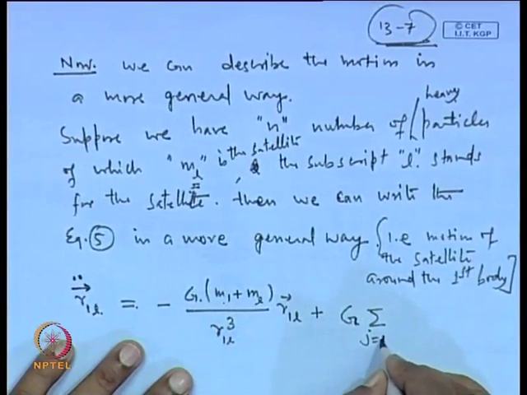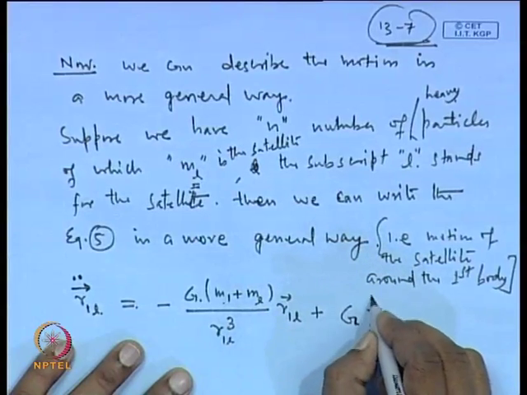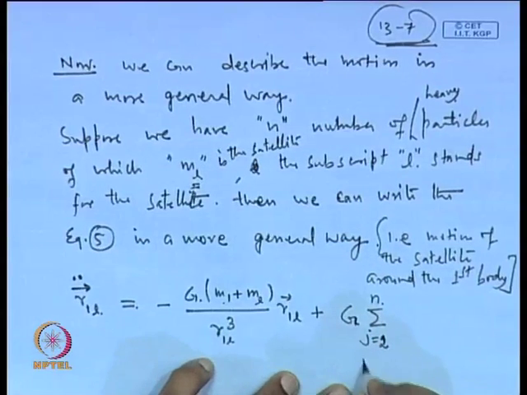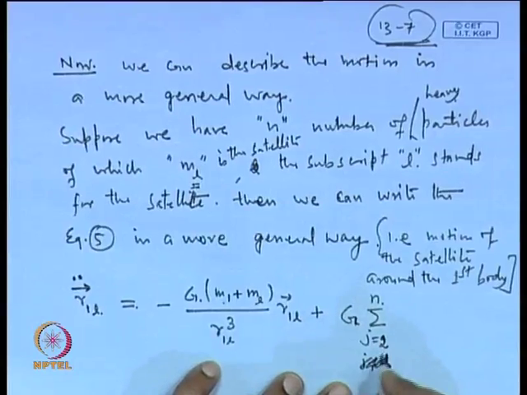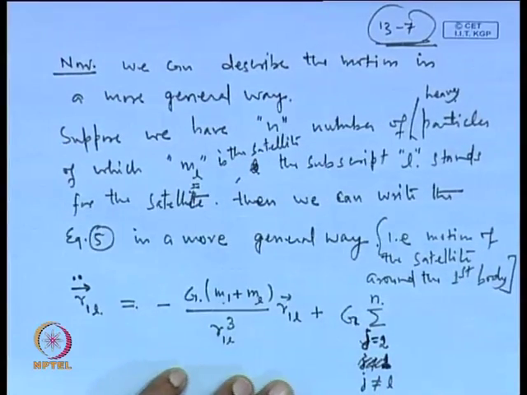So, here we write j is equal to 2 to n, and j is not equal to 1. Okay. That is very obvious because 1 we have already taken. So, we start from j is equal to 2, and we write j is not equal to L in this case.